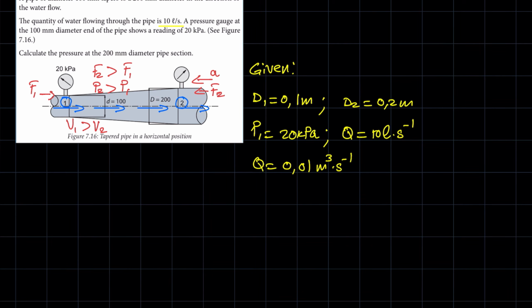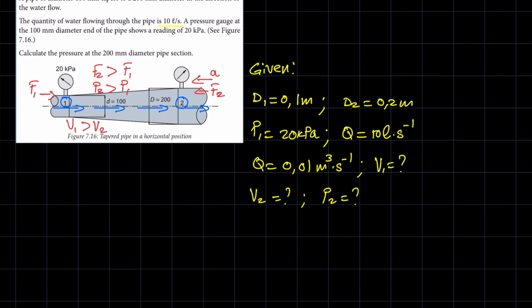So that's the value of Q. Now we do not have V1, we also do not have V2, and we also do not have P2.